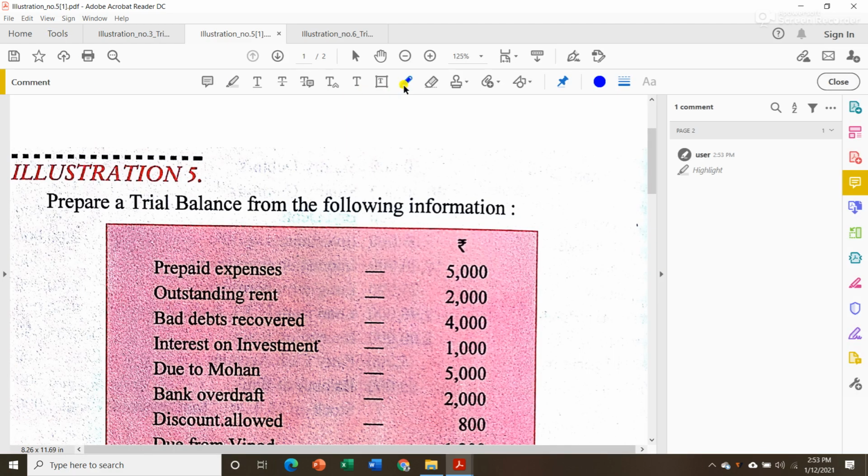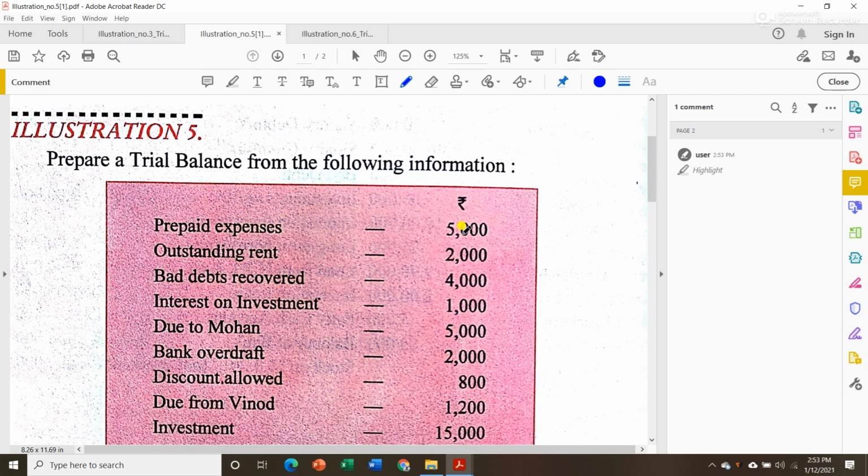Now the first item that we have, let me use the pen. Okay, now prepaid expenses. When we see this as an asset, so assets are recorded on the debit side. Okay, I will write like this. Then outstanding rent. Outstanding rent is nothing but our liability, so it will be recorded on the credit side. Then next we have bad debts recovered.